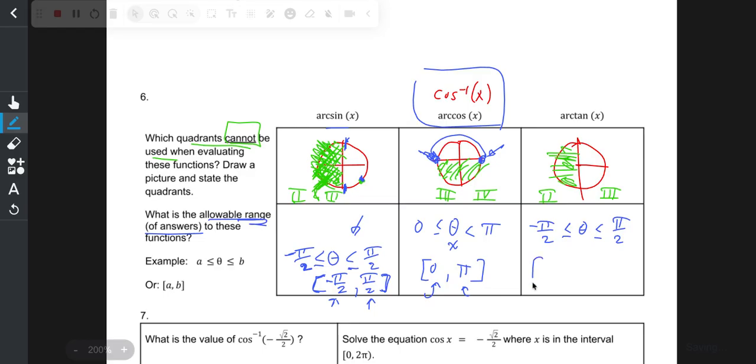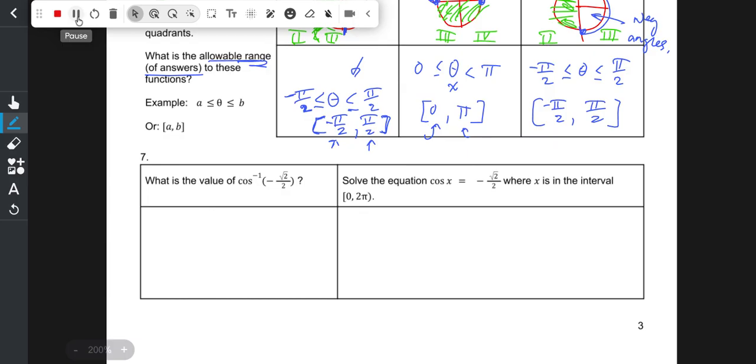Or you can say like this, only from here to here, and including these two locations. And again, these you use the negative angles.